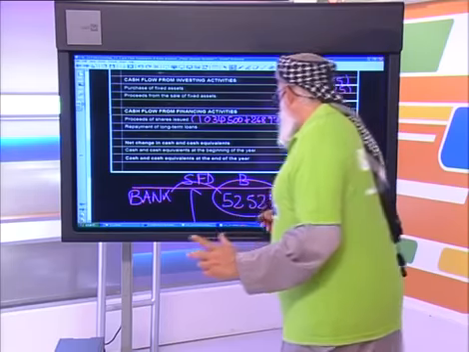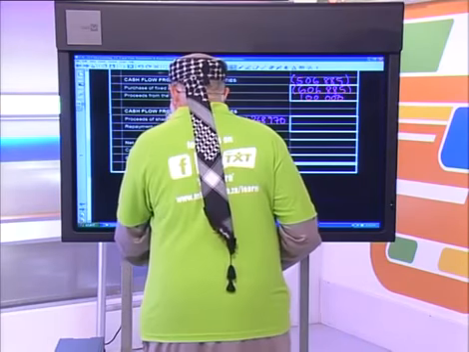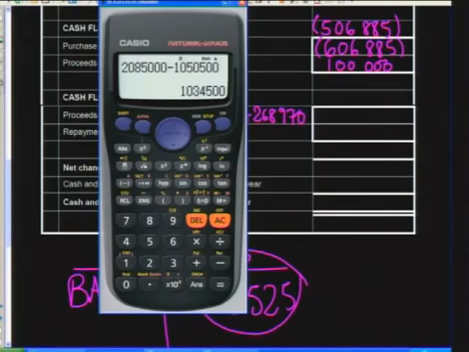What do we do? Add those two components together. It was the 1,034,500 plus 268,970, and this is equal to 1,303,470.